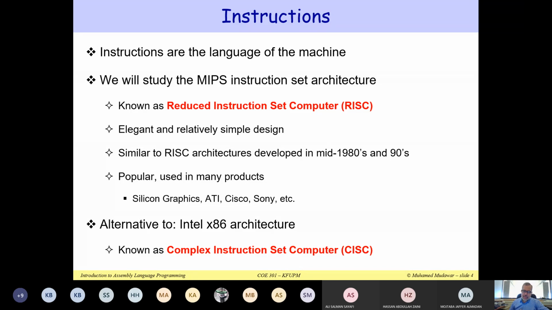So these architectures were defined to last for many decades, and of course they have similarities and differences. So we're going to focus in this course on the MIPS instruction set architecture.